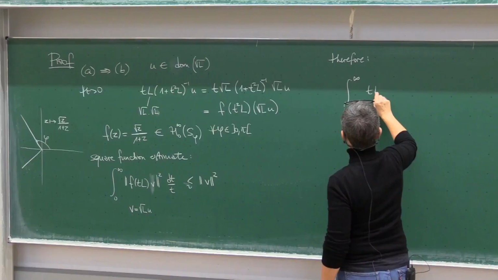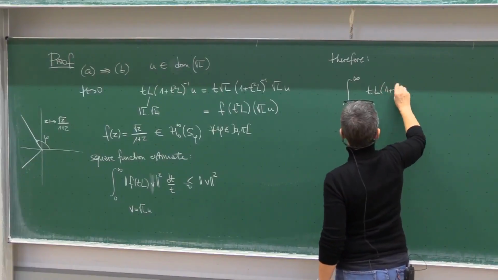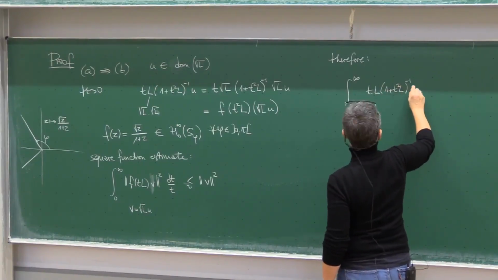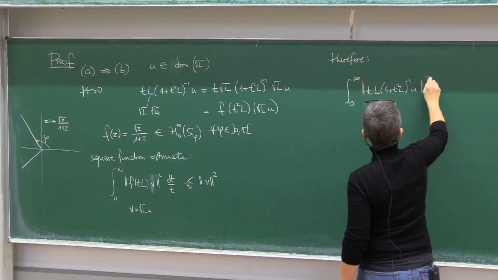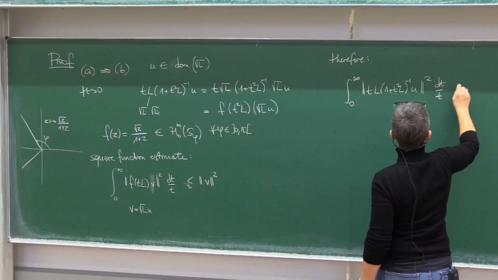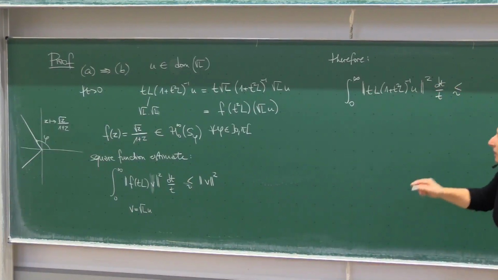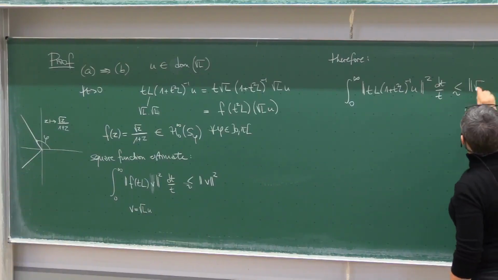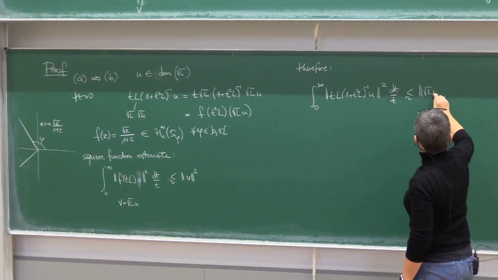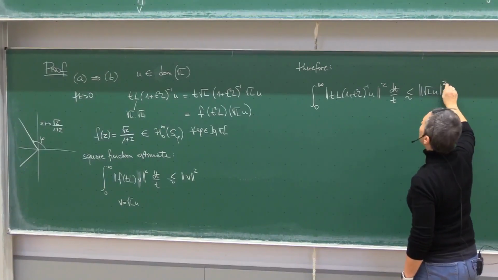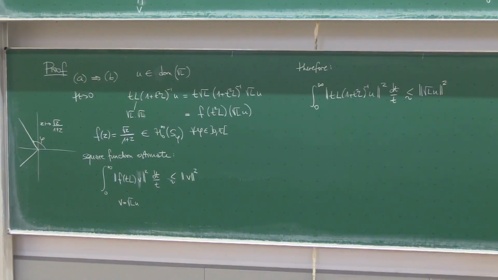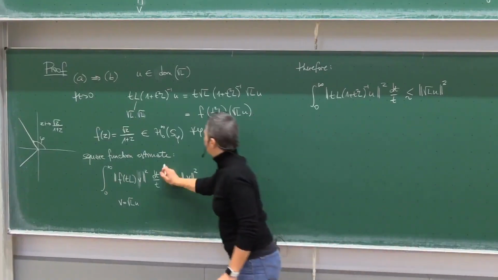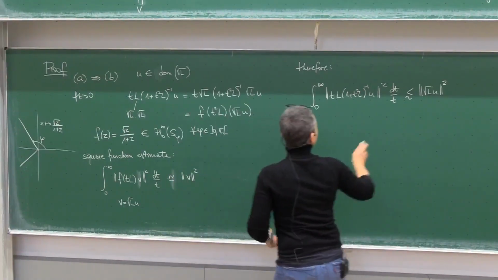So we have tL, 1 plus t squared L inverse applied to u, squared, dt over t. This is then less than or equal to square root of L u squared. Well, actually it's equivalent. Sorry, it's equivalent.